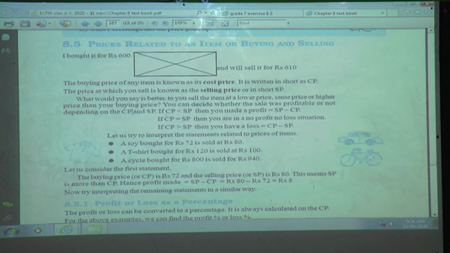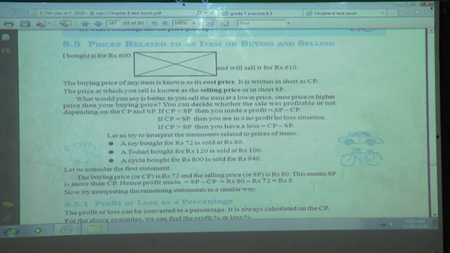You have to see your buying price, and you can decide whether the sale was profitable or not depending on the cost price and the selling price. If the cost price, that is CP, is less than the selling price, SP, then you made a profit, which is equal to SP minus CP, that is selling price minus cost price. This formula you know very well.